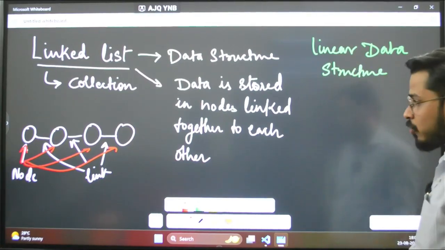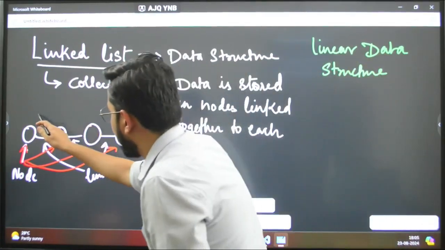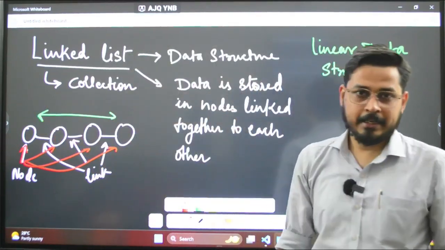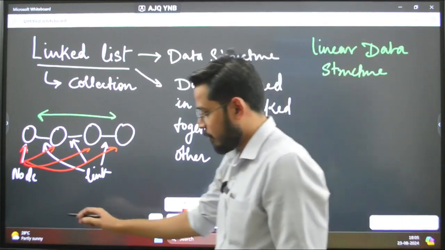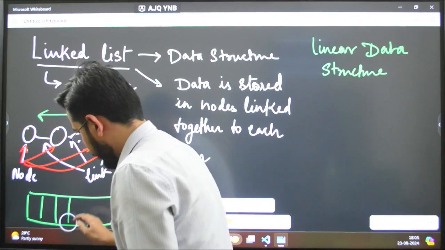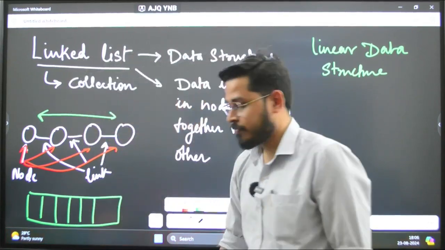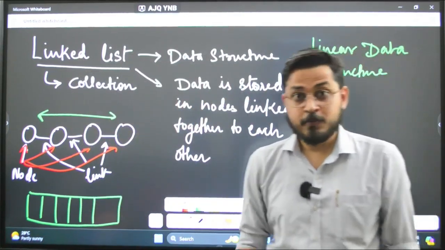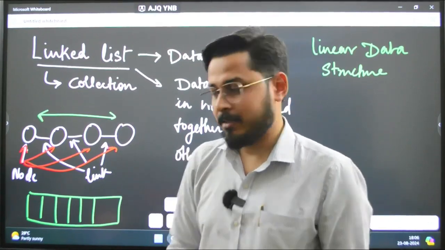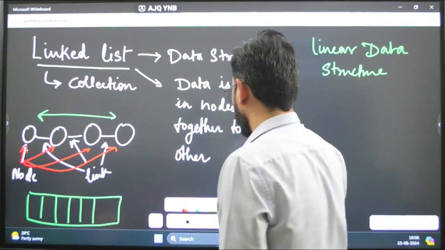The data is stored in a linear fashion like this, connected to each other, and that's the reason why it is called a linear data structure. Array also is an example of a good linear data structure. This is your array. Speaking of array, what is the difference between an array and a linked list? Let me explain.